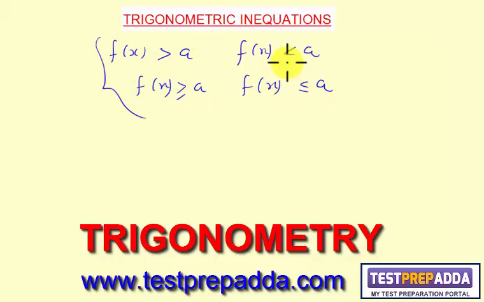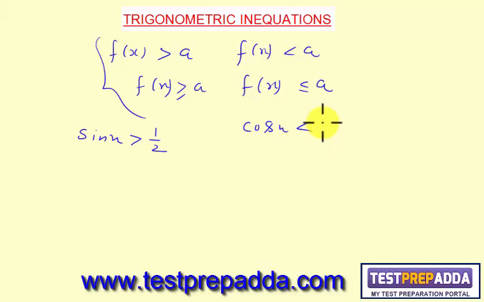For example, if I write sin x greater than half, cos x less than half, tan x greater than 1, all these are trigonometric inequations.